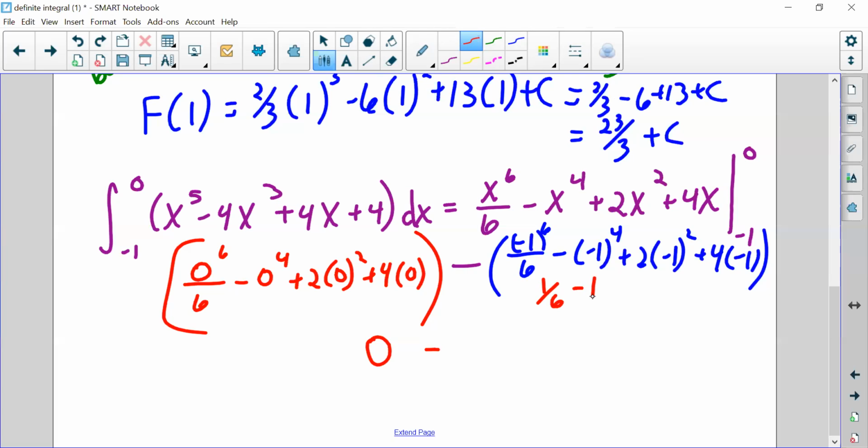Minus 1, that becomes a positive, so that's +2. Minus 4, well, that becomes a +1 minus 4, which is -3. So I have 1/6 minus 3, which is 18/6, gives us -17/6.